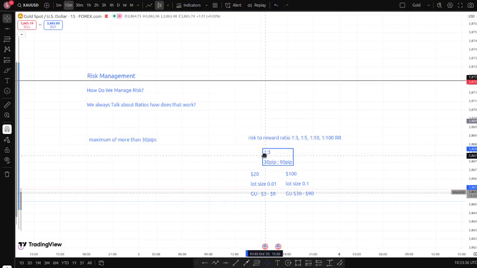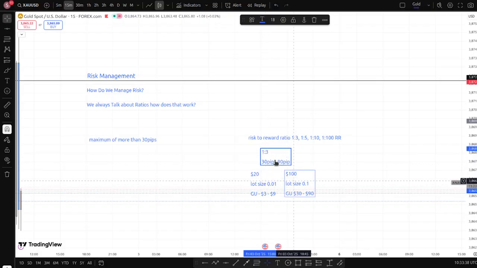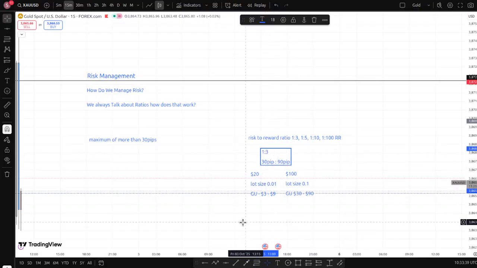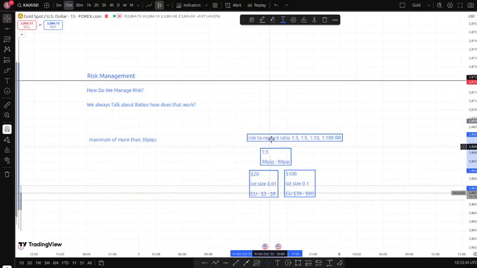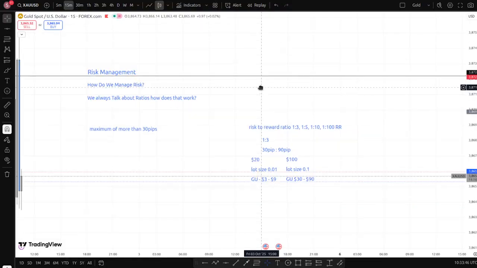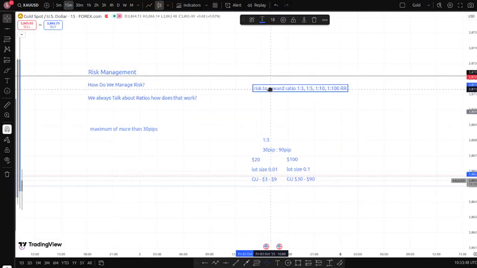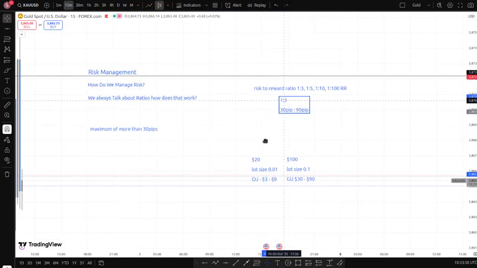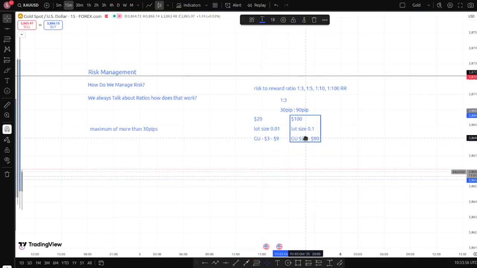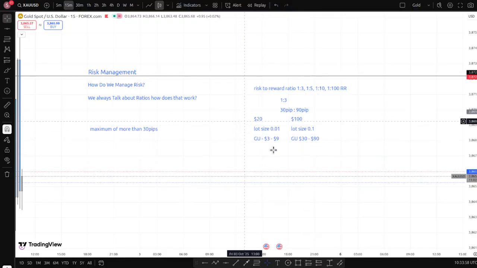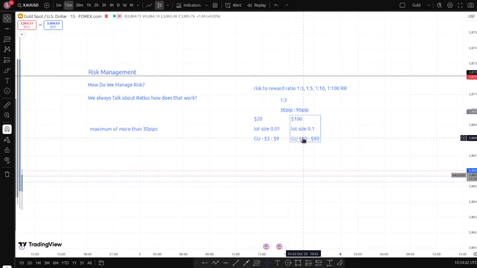When you look at this, it's the same thing. It's just the same thing. Maybe those chat lines are confusing a bit. So here you are risking $3, here you are risking $30, and so on and so forth.